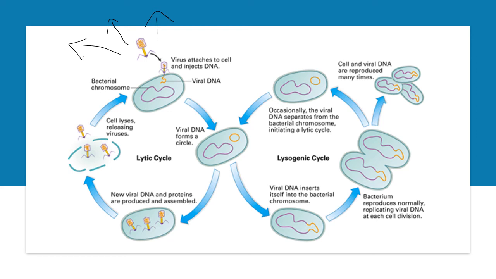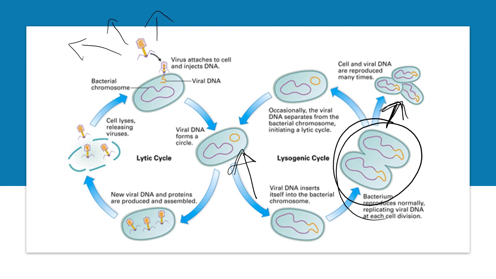And you can see here how it's being incorporated into the bacterial DNA, and you can see now you're getting a bunch of cells that are coming out that have hidden DNA in them, and at any point these cells can decide for whatever reason they want to bust out and then start heading into the lytic cycle.